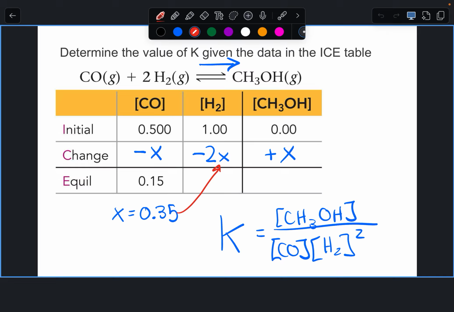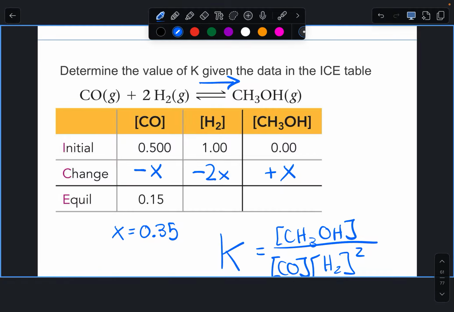So we determined what x was by figuring out that we knew what the equilibrium concentration was here, and we knew what we started with, okay? So the initial change is going to equal the equilibrium, okay? So if we have x being 0.35, that means we're going to plug in x for the values for H2 and CH3OH, the change values.